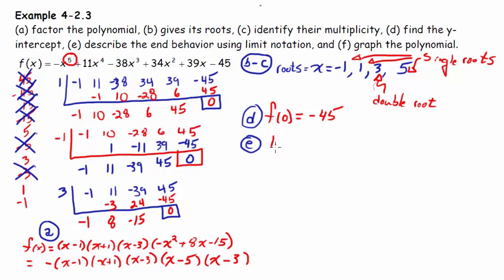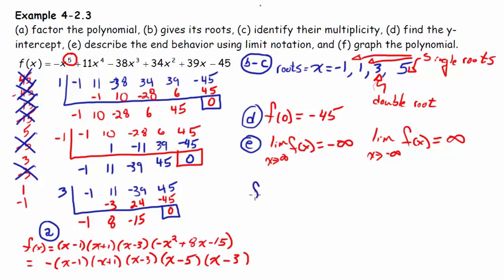So the limit as x approaches infinity of f of x, as I go to the right, I'm going to go down to negative infinity, and the limit as x approaches negative infinity, as I go to the left, we're going up, which is positive infinity.